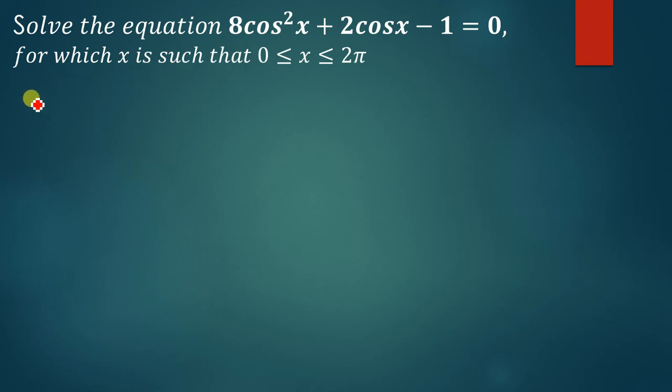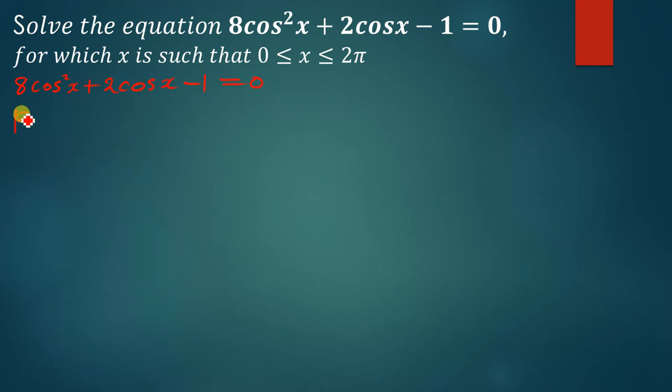We are going to solve it in the normal way we solve quadratic equations. The first thing that we need to find is the product. Let me just copy the equation here. So we have 8 cos squared x plus 2 cos x minus 1 is equal to 0.